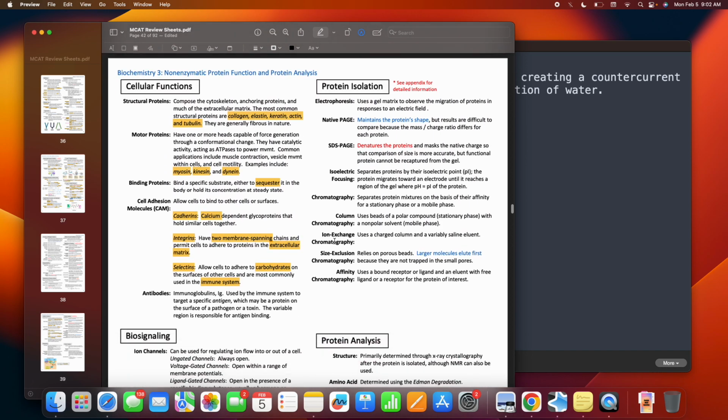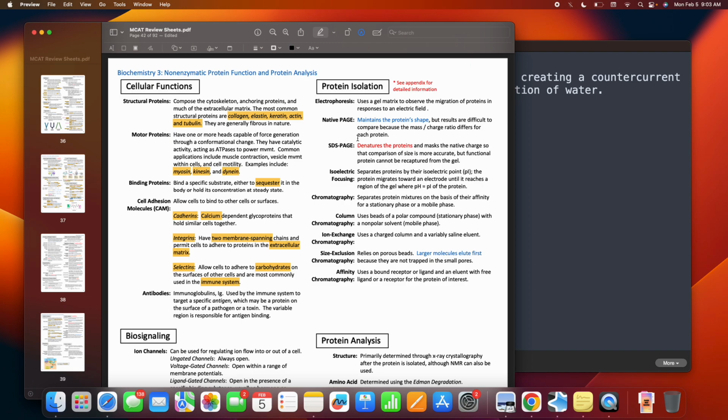Then we have protein isolation techniques. So, for example, electrophoresis, it uses a gel matrix to observe the migration of proteins in response to an electric field. We have native PAGE. It maintains the protein shape, but results are difficult to compare because the mass or charge ratio differs for each protein.